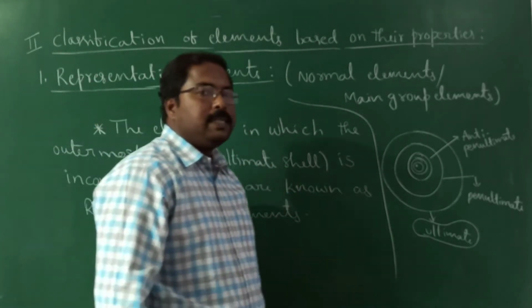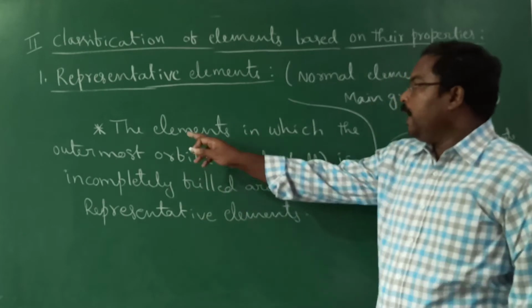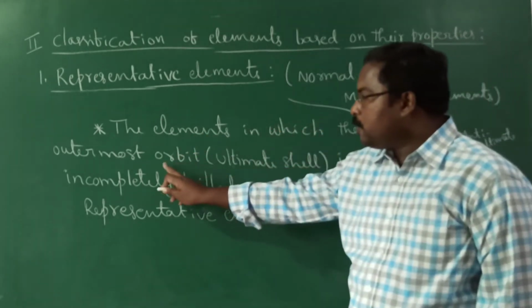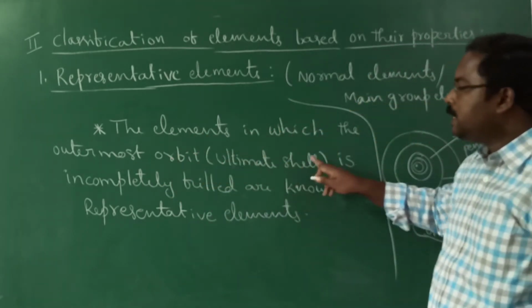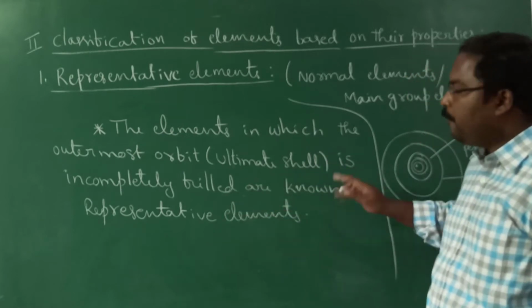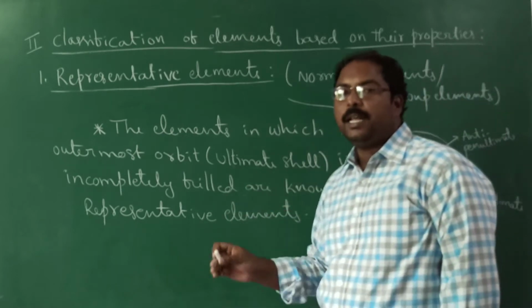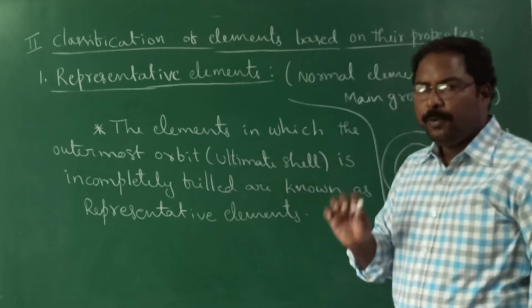Okay, the representative elements are the elements in which the outermost orbit, or the ultimate shell, is incompletely filled. Such elements are known as representative elements.